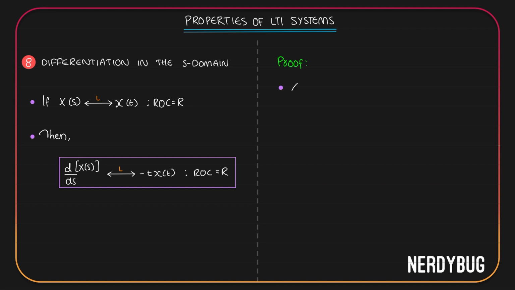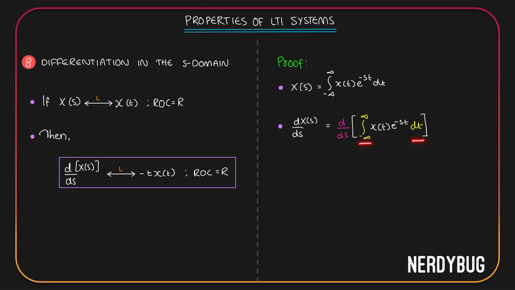The Laplace transform of the signal x of t, that is X of s, is defined like this: integral from minus infinity to infinity of x of t e raised to minus st dt. I want d by ds of X of s. So that will be d by ds of the integral from minus infinity to infinity of x of t e raised to minus st dt.